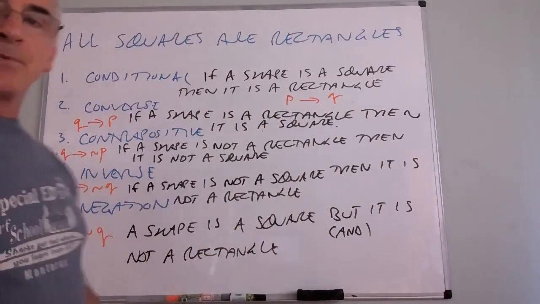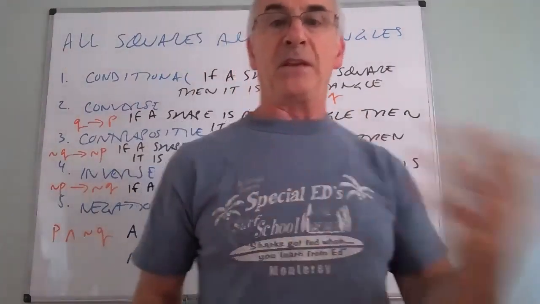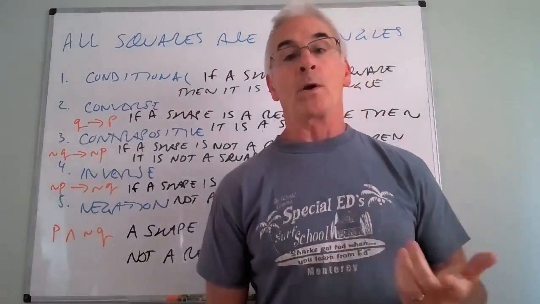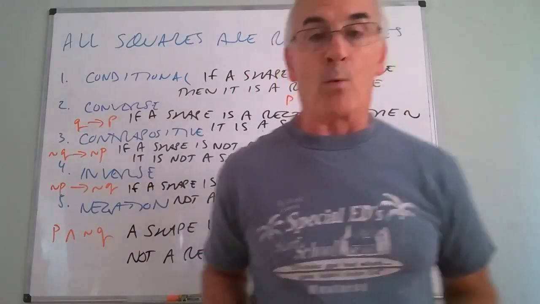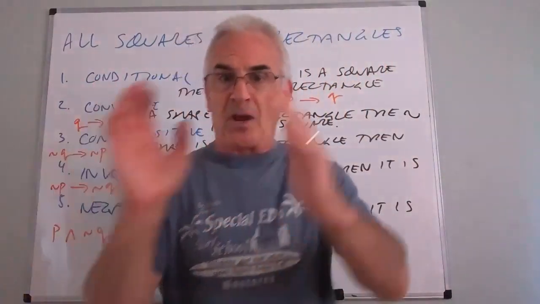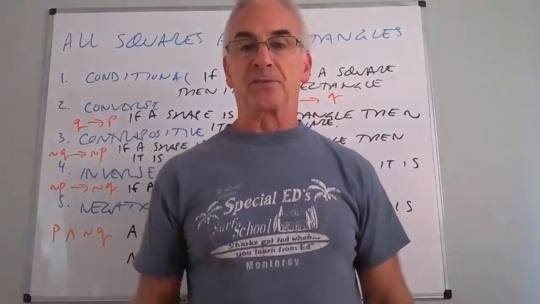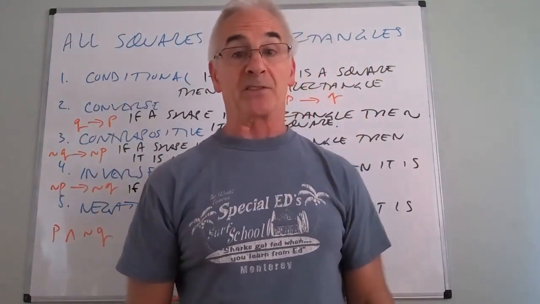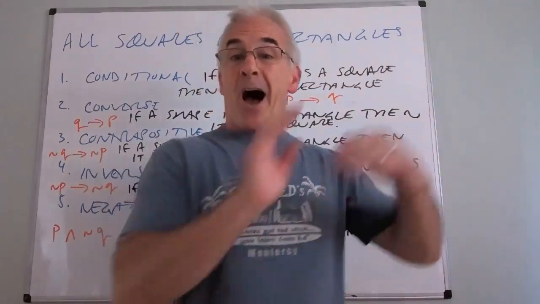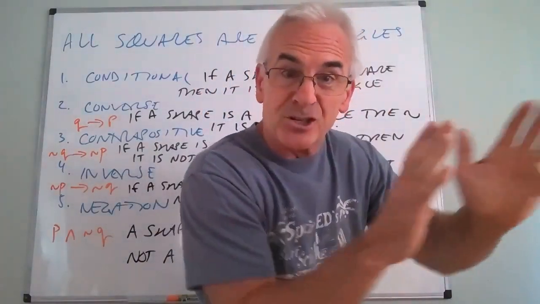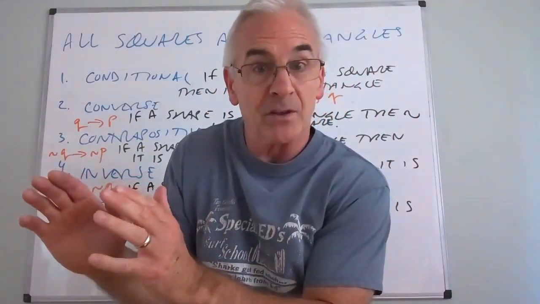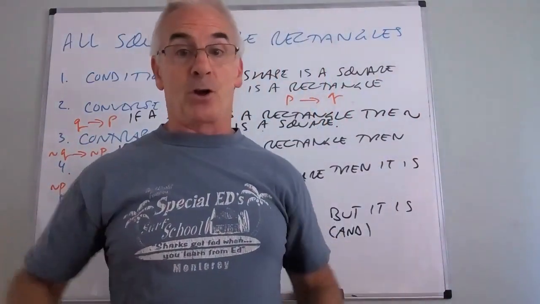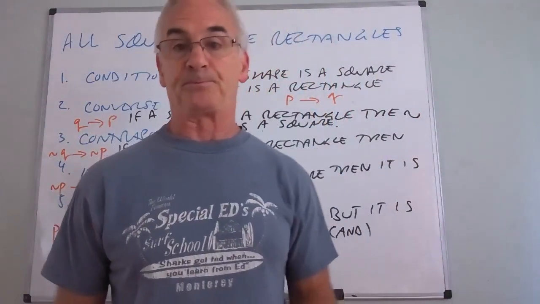A lot of times it's convenient to do things the other way. When writing a mathematical proof, I want to show that given this, I can conclude this, but sometimes it's very difficult to do the direct path. So instead, we might start by assuming the negation of the conclusion and show that it leads to the negation of the hypothesis. That's called a proof by contrapositive.